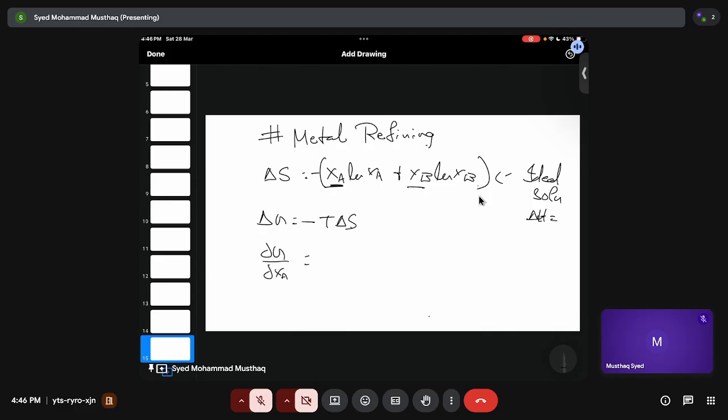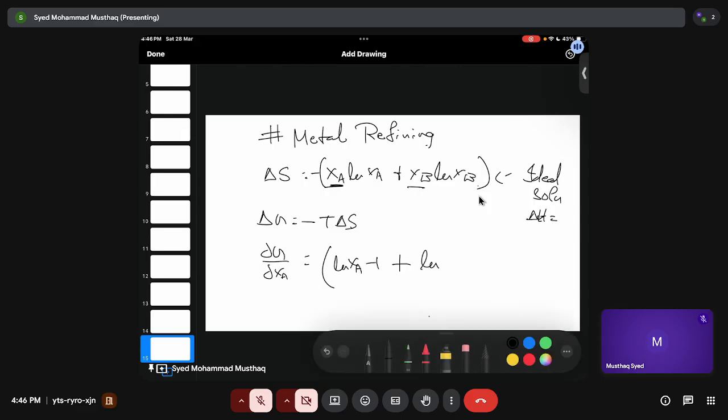If I do the same for the other term, you can write XB as 1 minus XA, and when you differentiate, I will remain with minus ln XB plus 1. This 1 will go away. You will end up with ln XA minus ln XB.